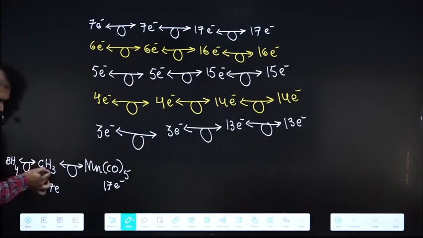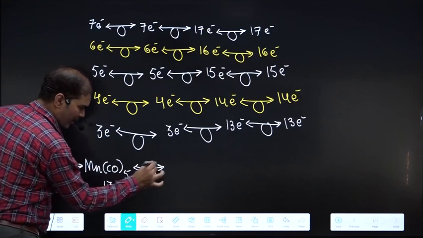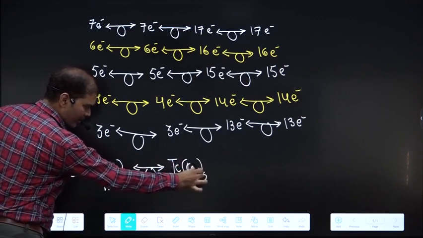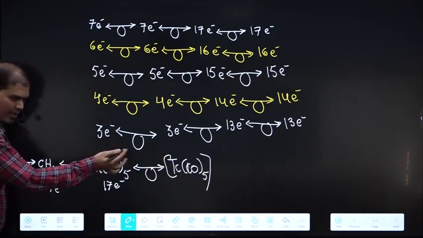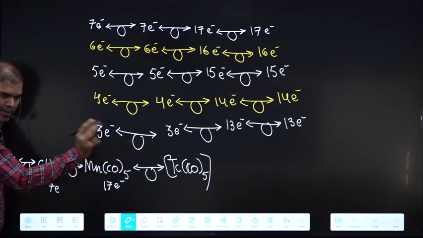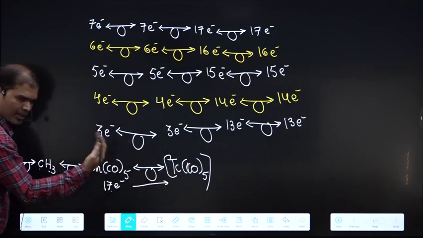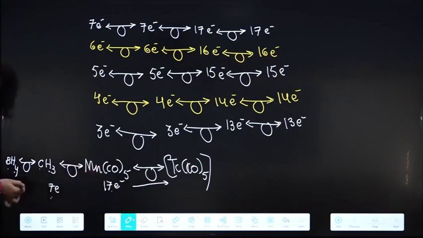Because this is 4 plus 3, 7, this is 3 plus 4, 7. So a 7 electron system is isolobal with another 7 electron system. A 17 electron system can be isolobal with another 17 electron system: technetium (CO)5, manganese (CO)5, rhenium (CO)5, 17 electron systems. It can be isolobal to 7, to another 7 electron system and so on.